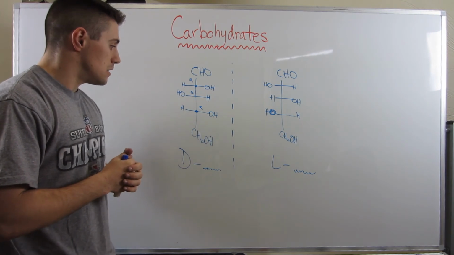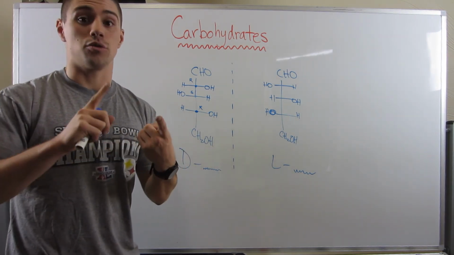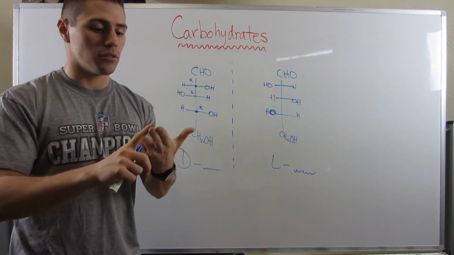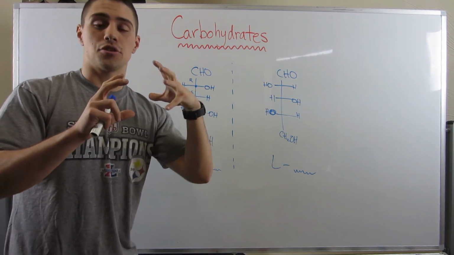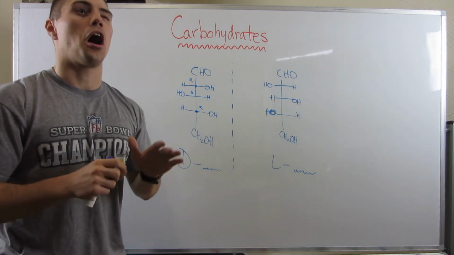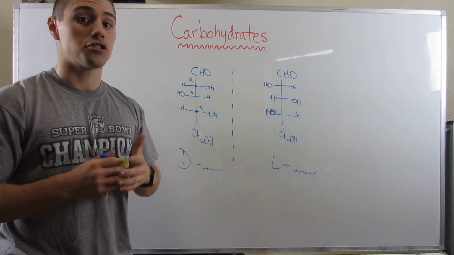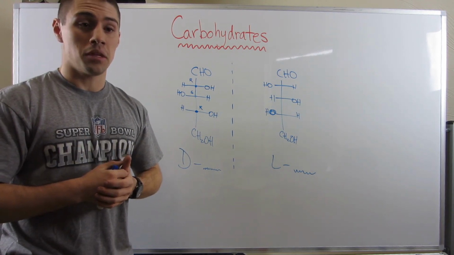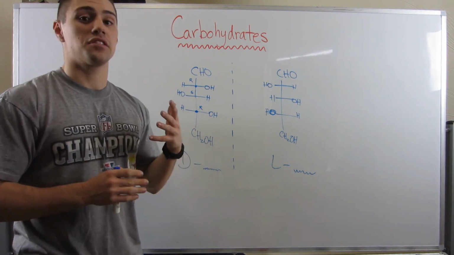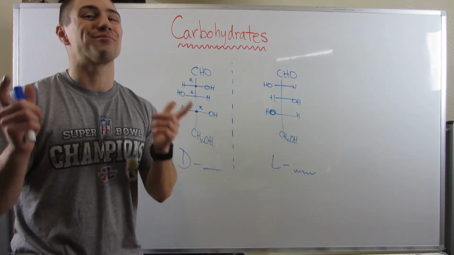In addition, moving forward, we're really just going to be looking at how to represent these structures using Fischer projections, how to take the Fischer projection and turn it into something called a Haworth projection, a few reactions, and just basically drawing the structures. So stick with me, guys. I know this isn't the most exciting stuff, but just like every other series on GeoChem, we'll get through it together.